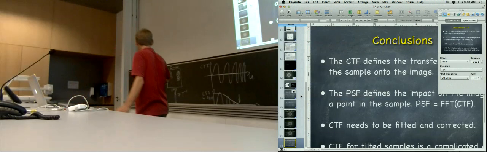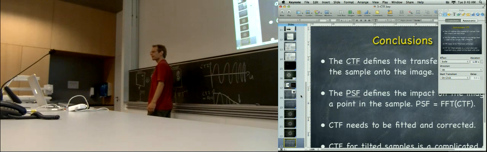Yeah, because the CTF is in Fourier space and the point spread function is in real space, so it's the inverse Fourier transformation of the CTF. But in the formula for the Fourier transformation, it was this integral of f times e to the power of something. The only difference is the minus and the plus in back and forth Fourier transformations. But you're right, yeah.